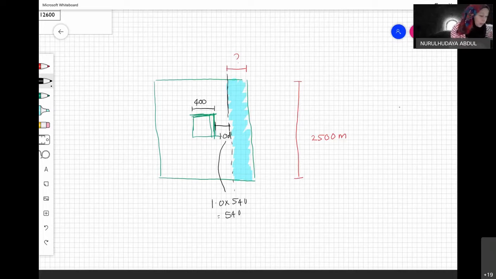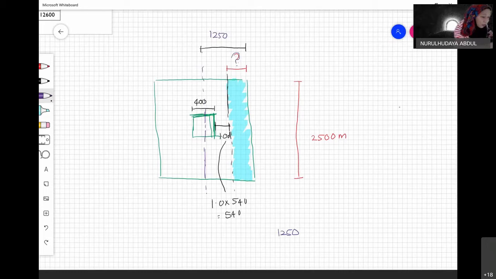Alright. So we know that half of this foundation, kalau 2,500 bagi 2, is 1,250. Macam ni kita dah dapat panjang ini saja, panjang yang I tanda soal ni. Macam mana nak dapat dia? You nak yang ni je, so you kena buang this one.